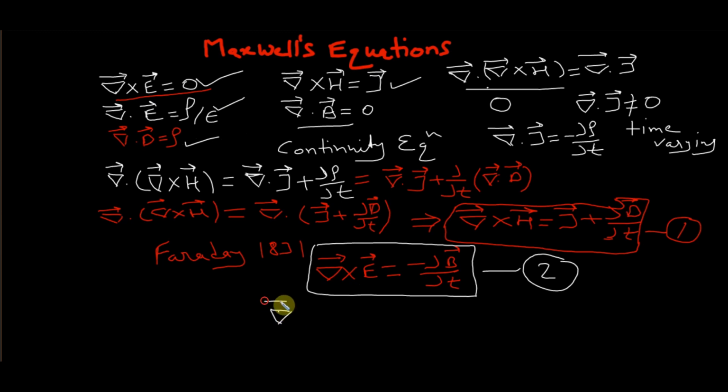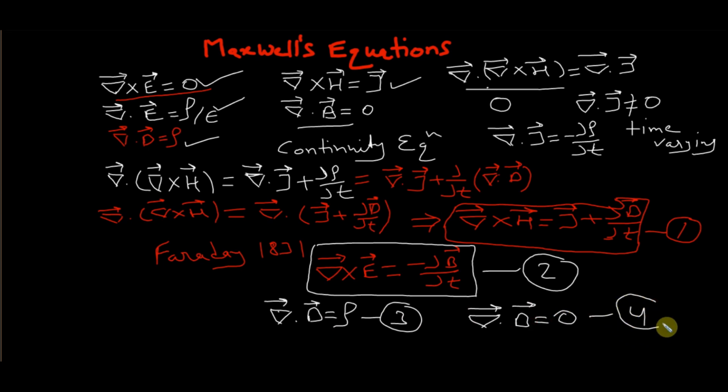So del dot D is equal to rho. This is the third Maxwell equation, and del dot B is equal to 0. This one is the fourth equation.